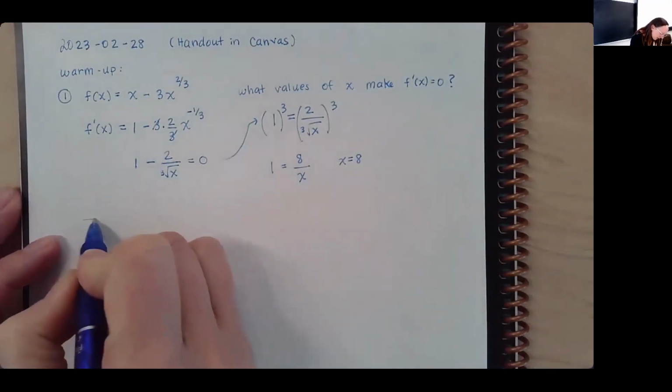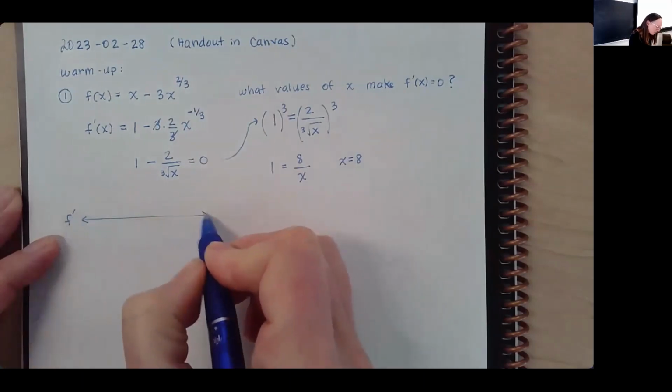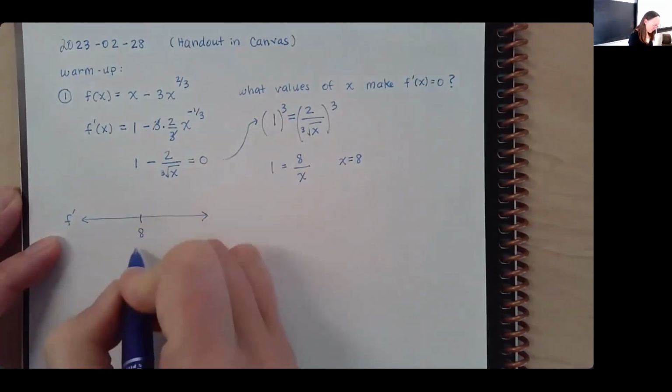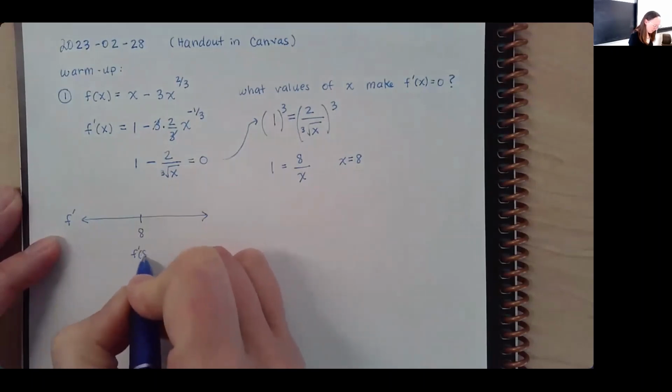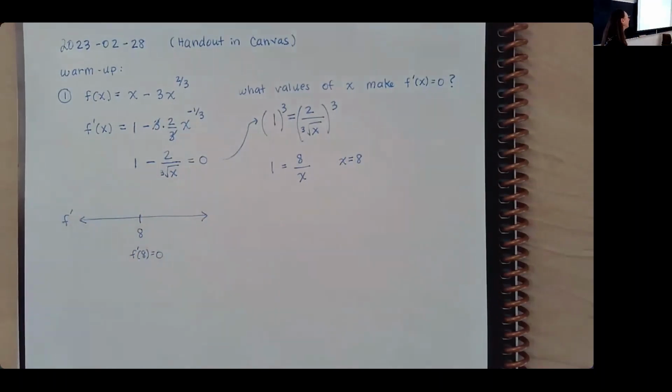So I kind of like to think about this as a number line for my derivative, and 8 is the dividing point where my f prime of 8 is equal to 0. And I'm looking on either side of that point to figure out whether my derivative was positive or negative on either side.